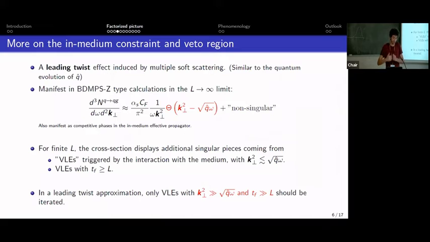The boundary is induced by multiple soft scattering. So there is an interplay between the higher twist corrections coming from multiple interactions between the hard parton and the medium, and the development of the cascade triggered by the high virtuality of the hard process.